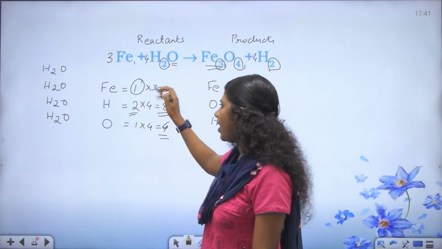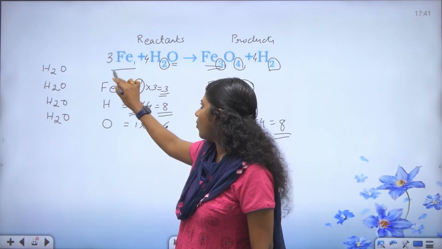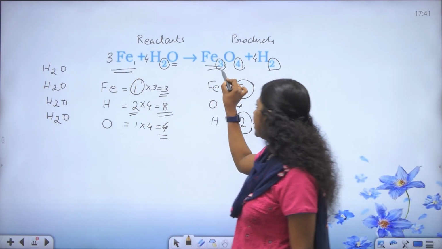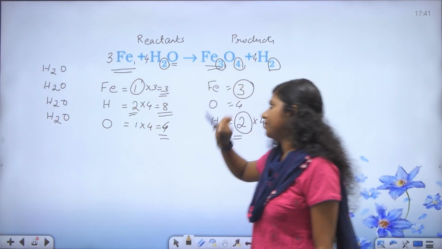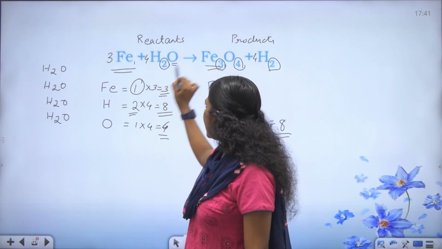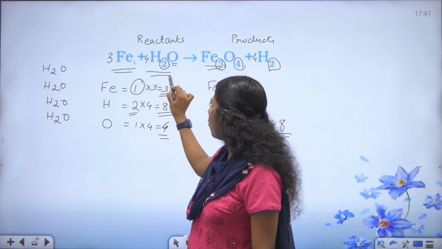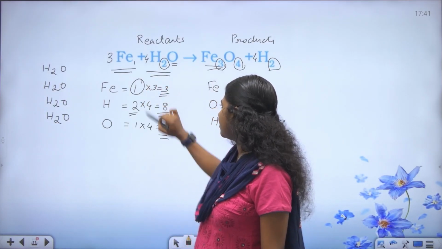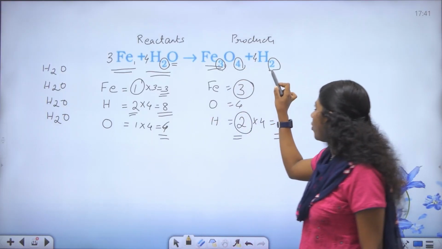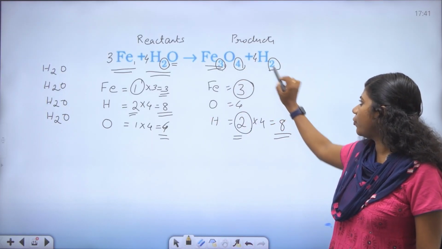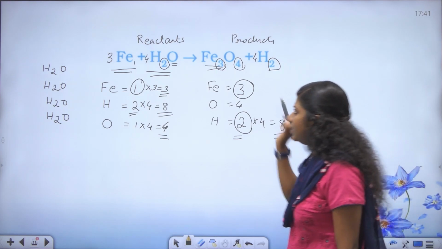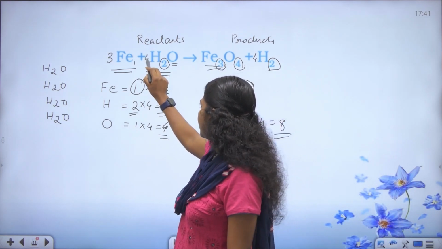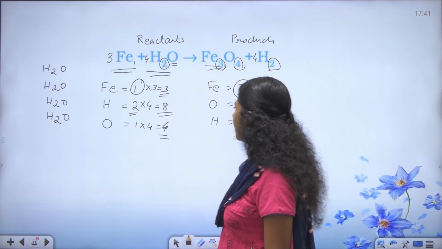Count the number of atoms. In the reactant side, number of iron atoms is 3. Product side, number of iron atoms is 3. In the reactant side, number of hydrogen atoms, 4H2, 4 into 2, 8. And product side, number of hydrogen atoms, 4H2, 4 into 2, 8. In the reactant side, number of oxygen atoms, 4 into 1, 4.